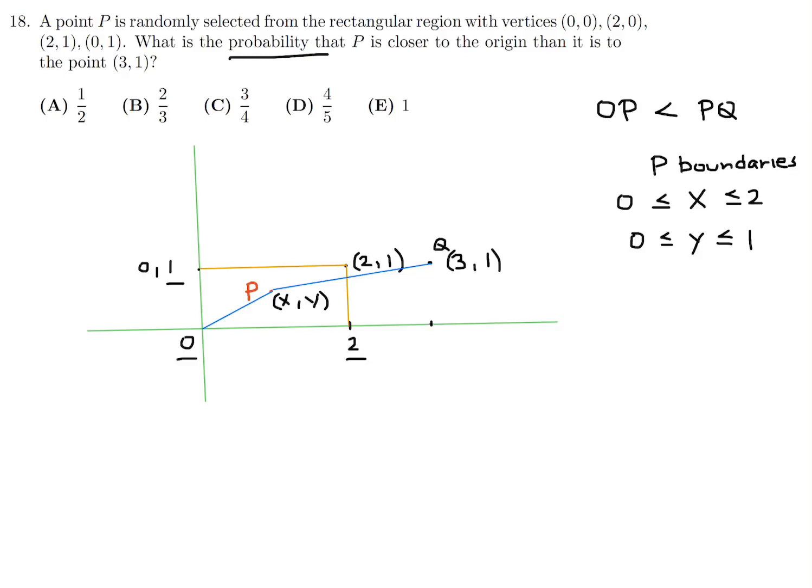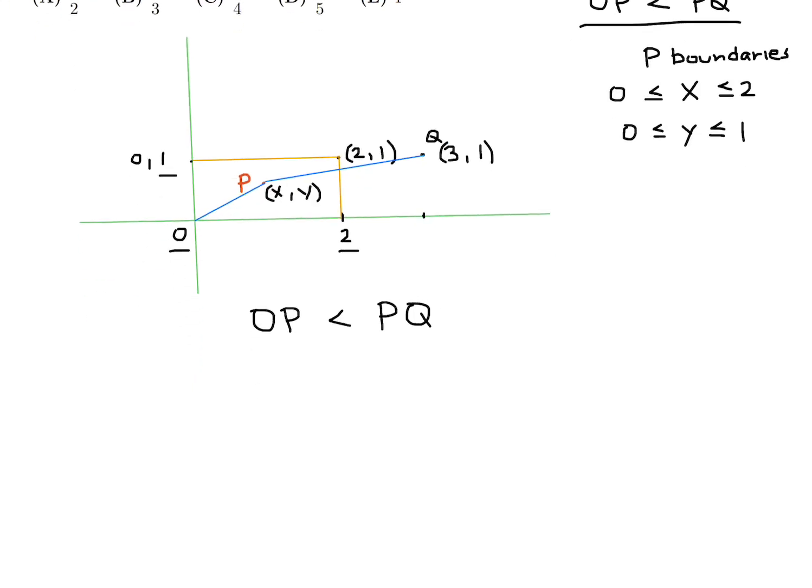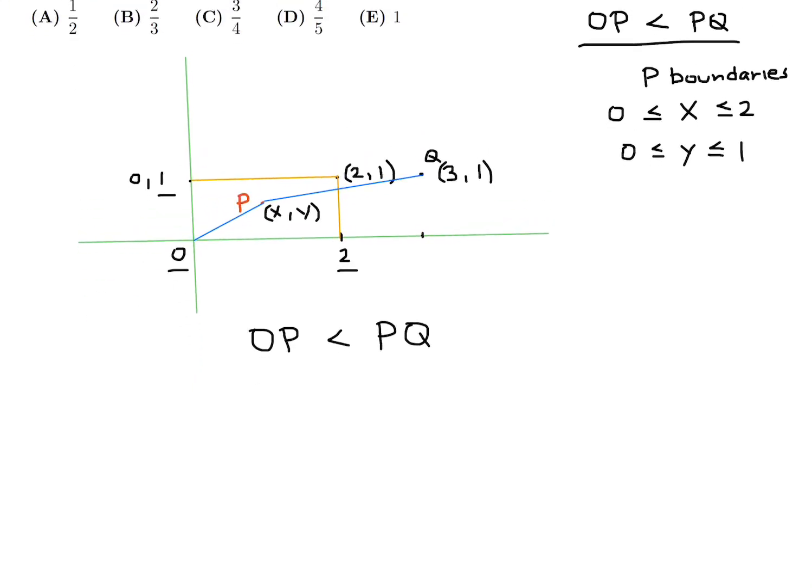All right, so let's go with exactly what they're asking for. They want OP less than PQ. So how do you figure out the distance between 2 points? X minus 0, remember this is 0, 0, it's the origin, squared plus y minus 0 squared, all under the square root sign. That's basically the distance of OP.